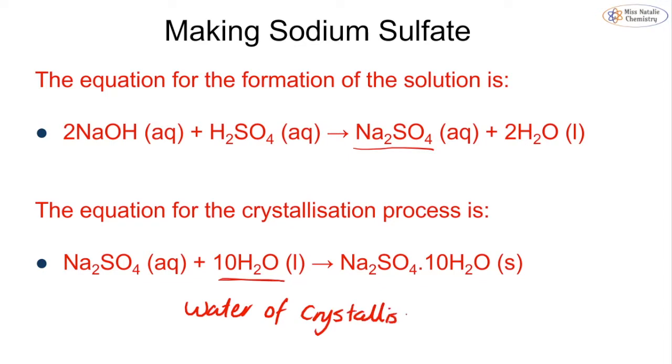So this just means that the water is going to attach onto the sodium sulfate molecules. You don't need to know how it does this, but this then allows you to form your crystals. And you can see that when this happens, we get this solid state symbol as opposed to our aqueous solution.